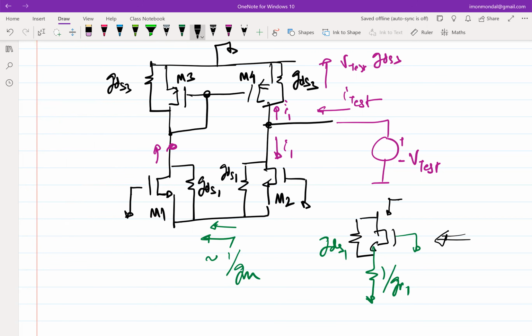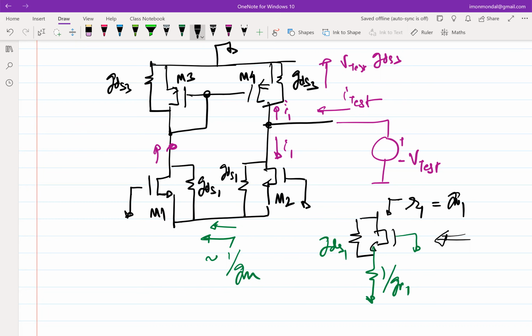And then what will be the R out? Or rather R1, let me call it, because I've been calling it I1. So what will be R1, approximately? Yeah, so GM1 times... it's basically the intrinsic gain of M2 times the load.